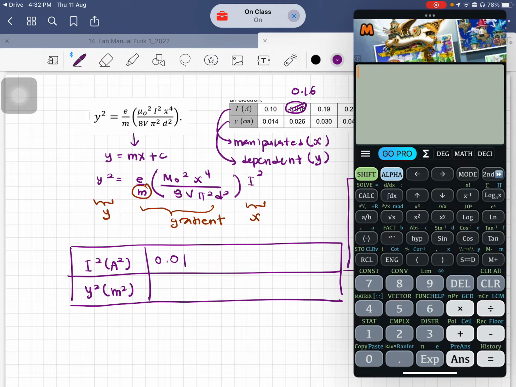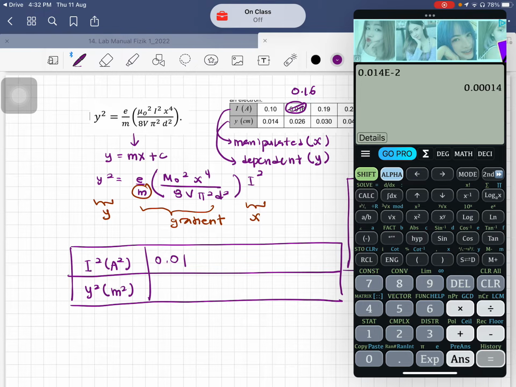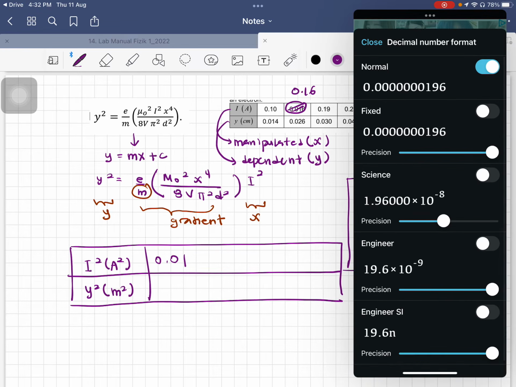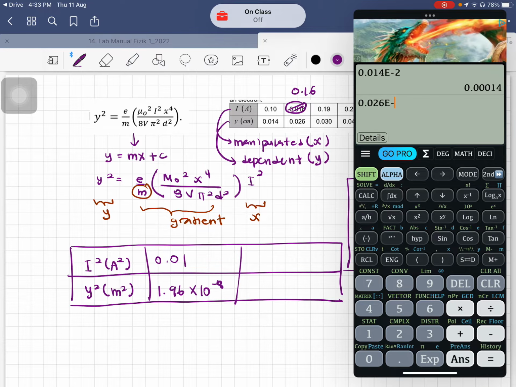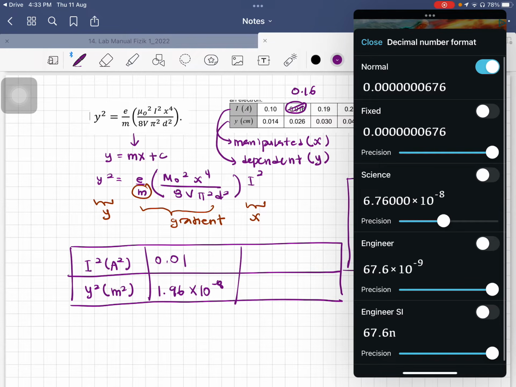The one below, you have 0.014. Convert it to meter first and then square. You will have 1.6 times 10 to the power of negative 8. And the second one, you will have 6.766 times 10 to the power of negative 8, and so on.